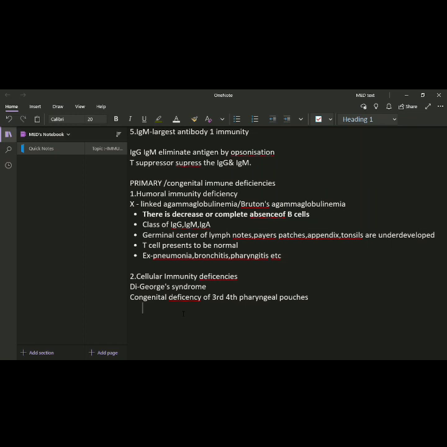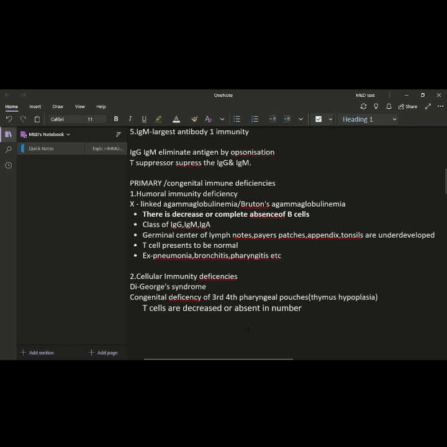So the T cells are decreased or absent in number. So it is caused over here. Let me write it over here. Thymus hypoplasia.